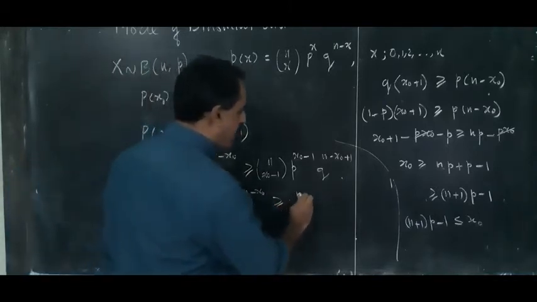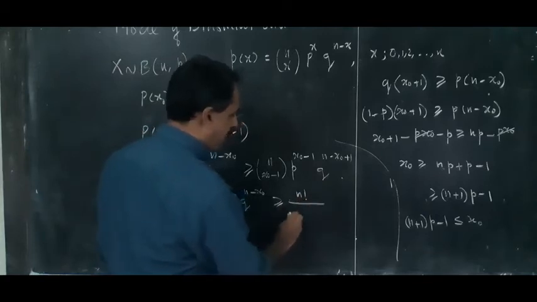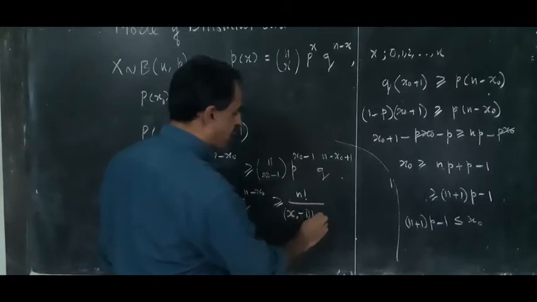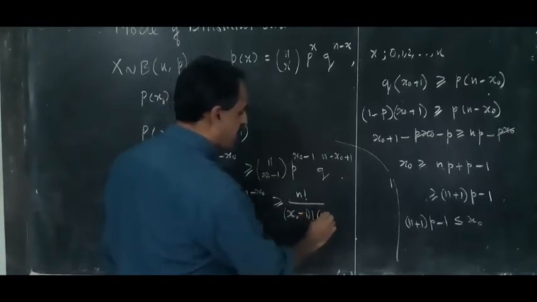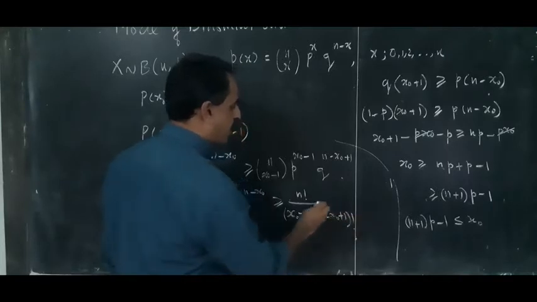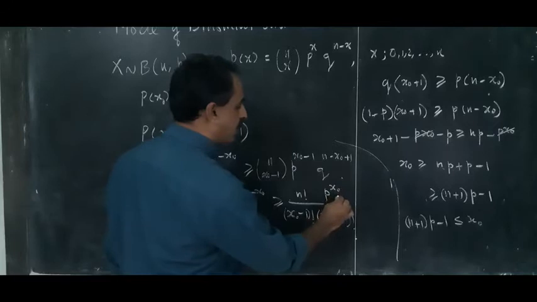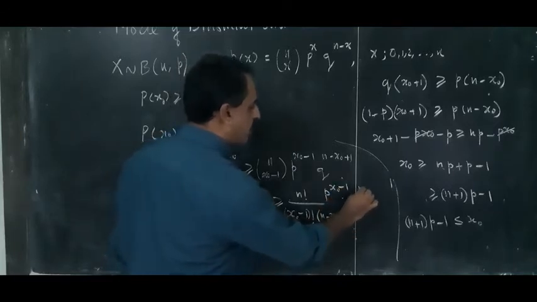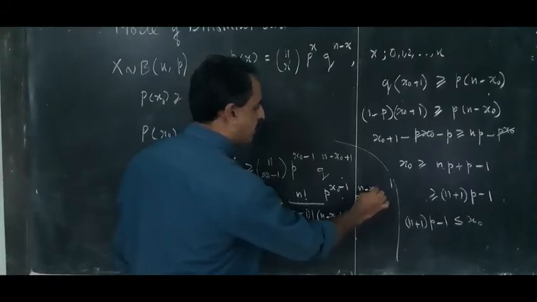And this will be n factorial, and here this will be (x0 − 1) factorial, and the next is (n − x0 + 1) factorial, and second p raised to x0 − 1 into q raised to n − x0 + 1.